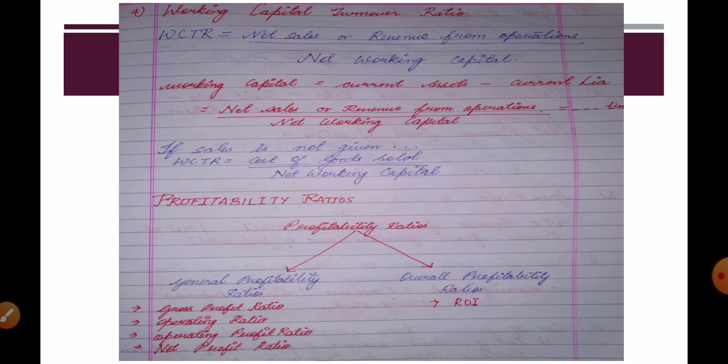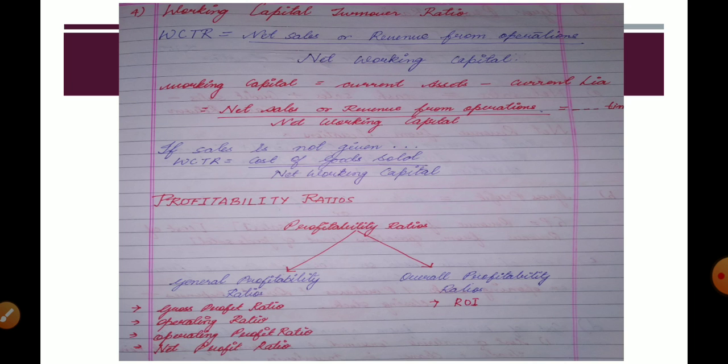Now what is the profitability ratio? The profitability ratio shows the profit of the company, whether it is earning profit or not. The main objective of this ratio is knowing whether the concern is earning profit. The business must be able to earn adequate profits in relation to the capital invested in it. The efficiency and the success of the business can be measured with the help of profitability ratio.